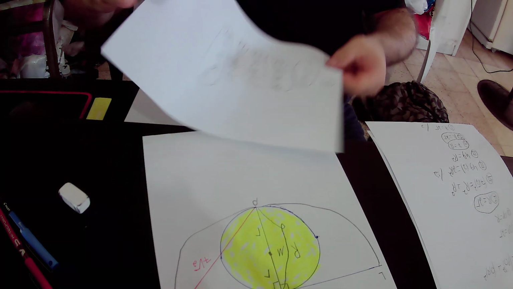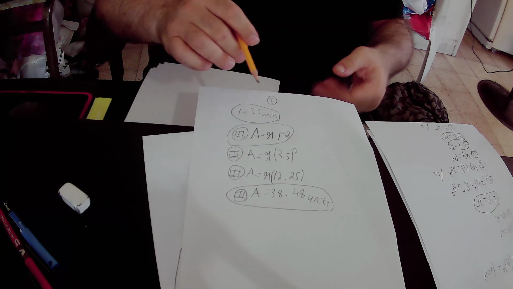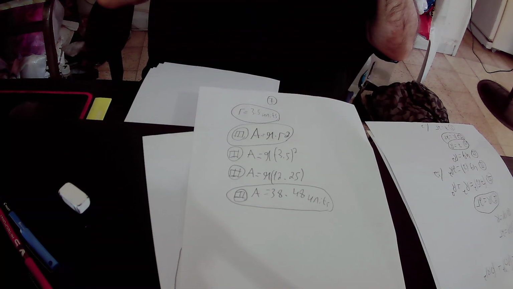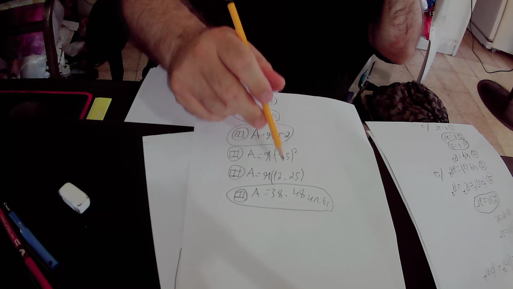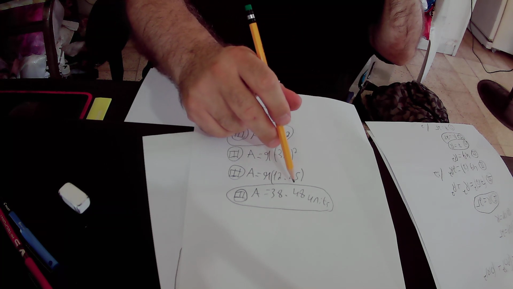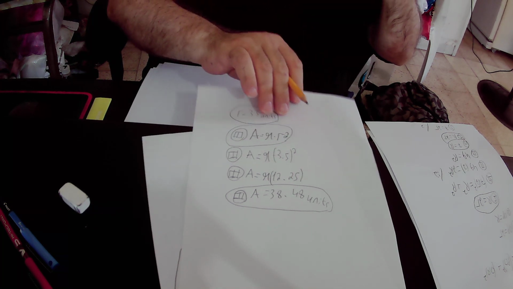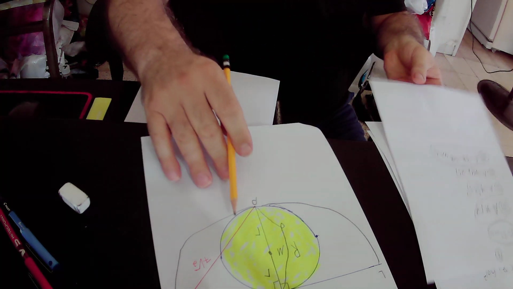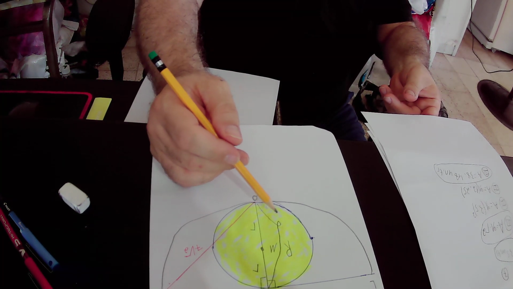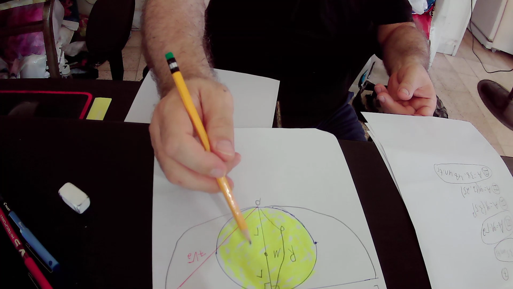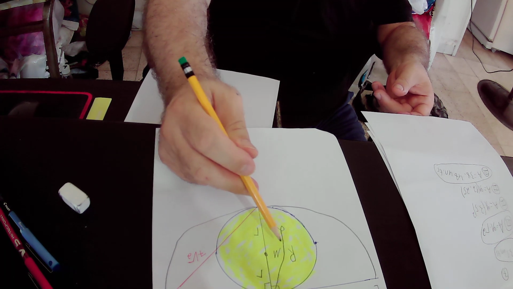So we actually found out that the area of the yellow circle equals 38.48 units. Okay, so the area of the yellow circle equals 38.48 units.